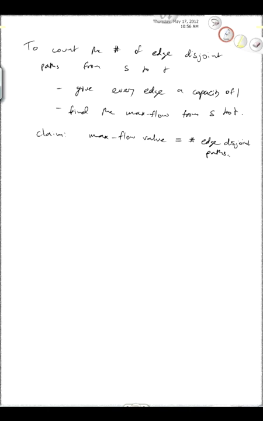So why would that be true? Let's see why the max flow value in this graph where every edge has a capacity of 1 actually gives us the number of edge disjoint paths.